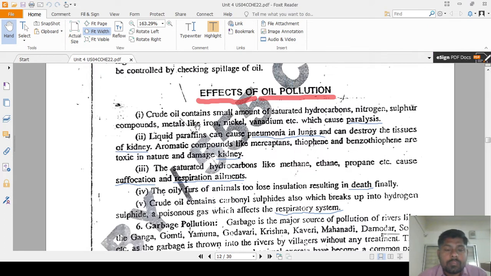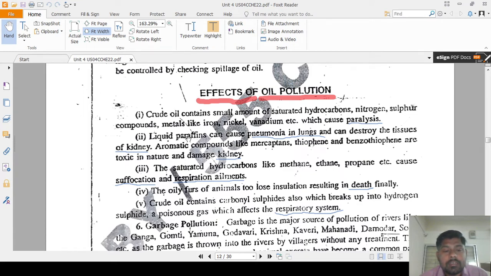So, crude oil contains small amounts of saturated hydrocarbons, some nitrogen and sulfur compounds, and metals like iron, nickel, and vanadium. Because of these hydrocarbons and metals, they cause paralysis.